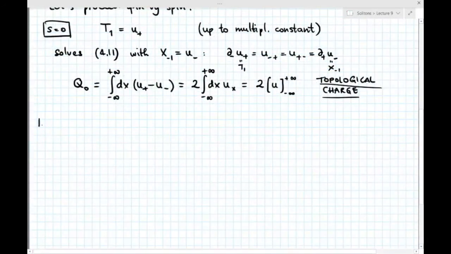Note here that T1 is indeed the total derivative of u.